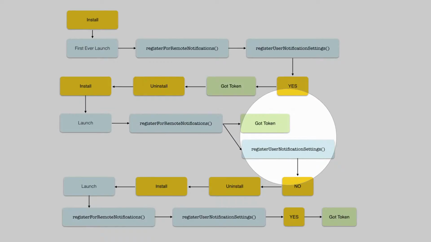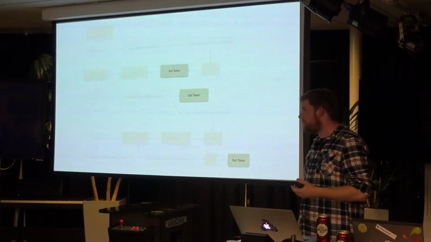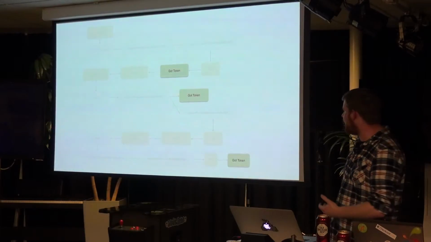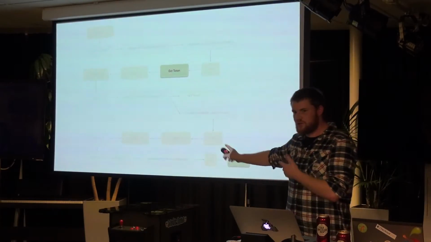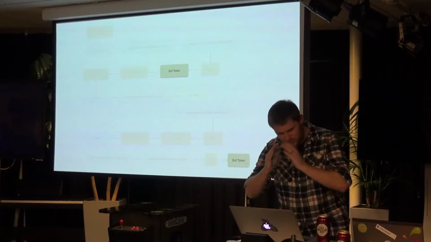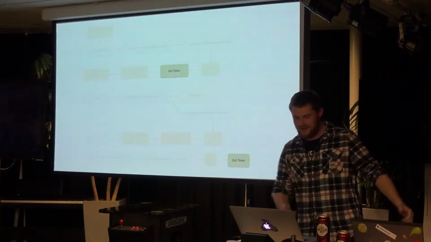Something weird happens that didn't happen last time. You get the token back straight away. So if you're using that callback as a point of truth that you've got a valid token, you're wrong, because we've got these 3 points where you actually get the token back in the callback. But only at these 2 points can you push to the device. Which is just awful. Who designed this?